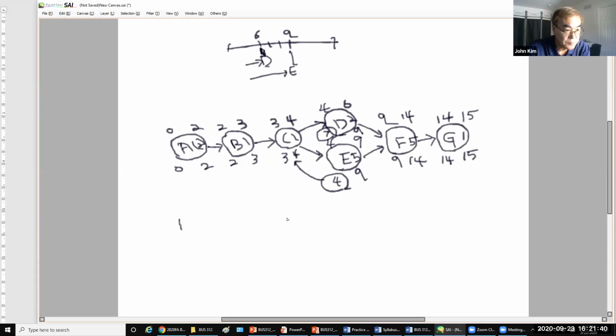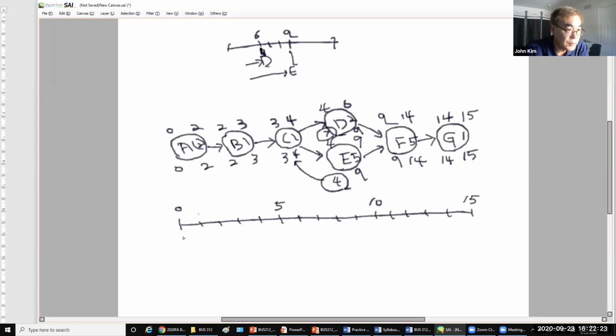On the timeline, the project finish time is 15, and 0 here. 5 here, 10 here.